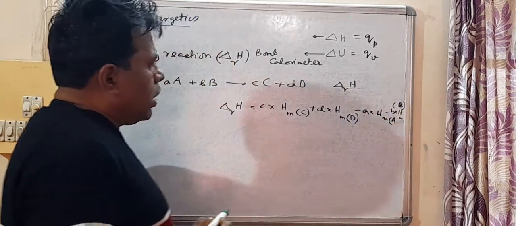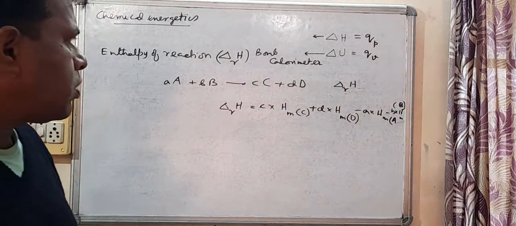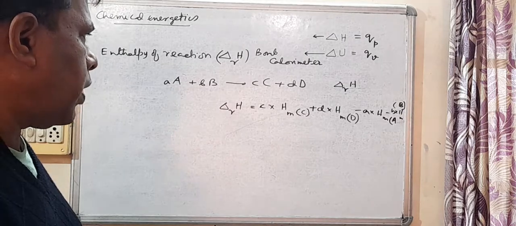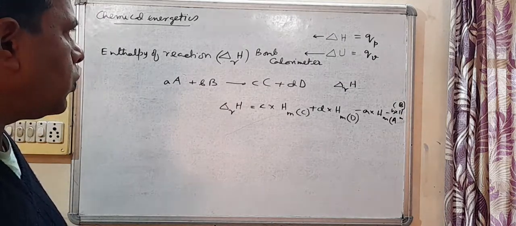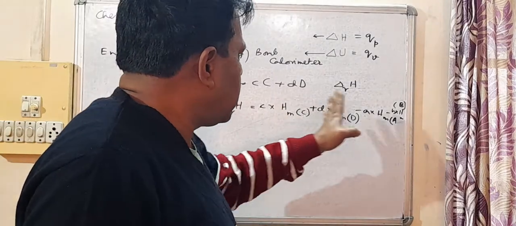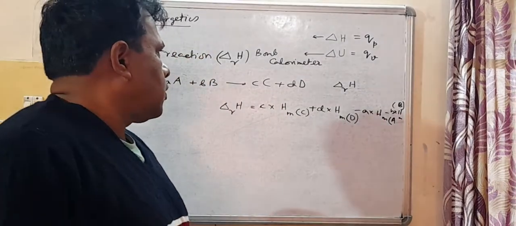So this is the relation you have to remember, by which we can find out the enthalpy of reaction. That is products minus reactants.